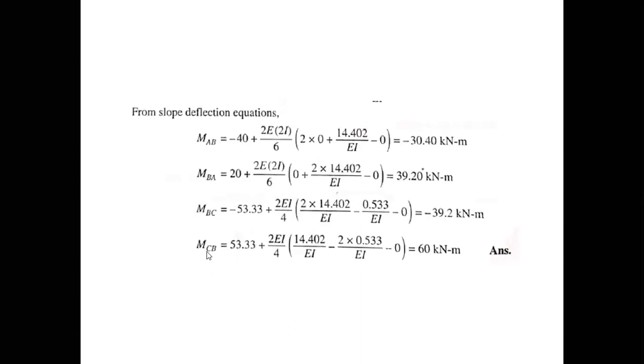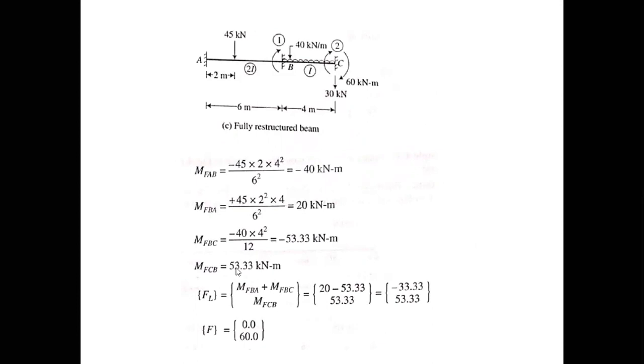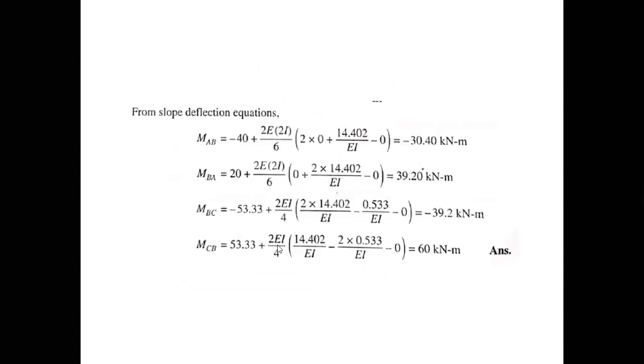Now similarly, MCB will be MFCB, 53.33. This again we have calculated, 53.33 plus 2EI upon 4, and this value comes to be 60 kilonewton meter. So this is how we have calculated all these final moments, and the analysis for this beam completes.